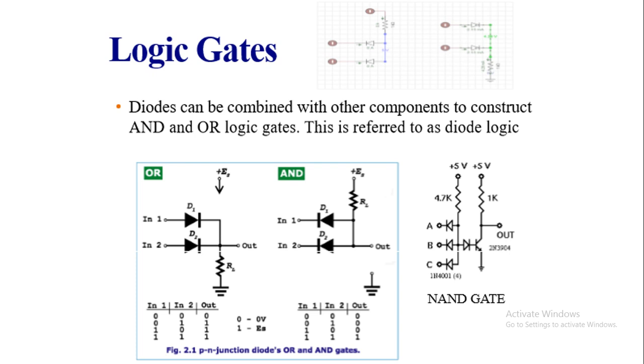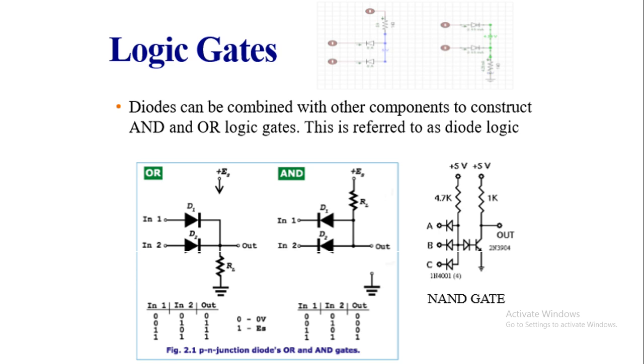The fourth one is the logic gates application. We can use diodes to build logic gates, as in this example, where we can build the OR logic gate and AND logic gate, which are used in programming.